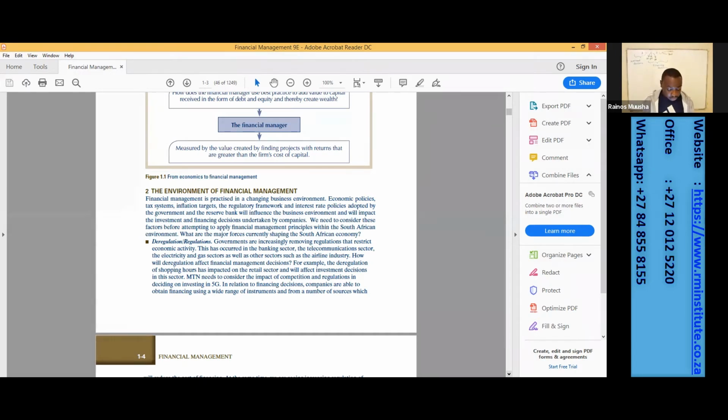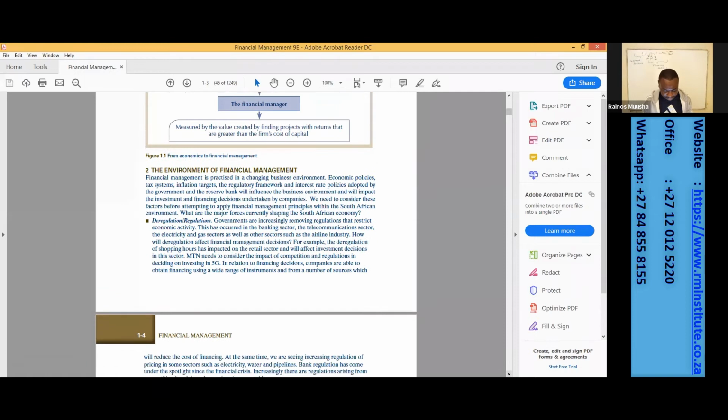They open up the economies through the removal of many regulations that were there in previous eras, like 20 years ago, 30 years ago. So there's more movement towards deregulation basically.